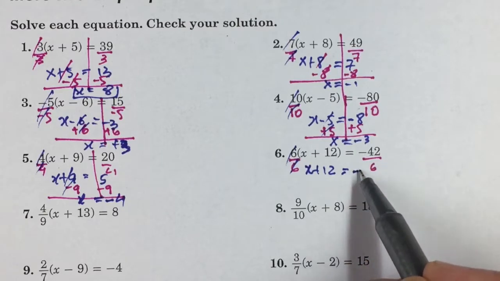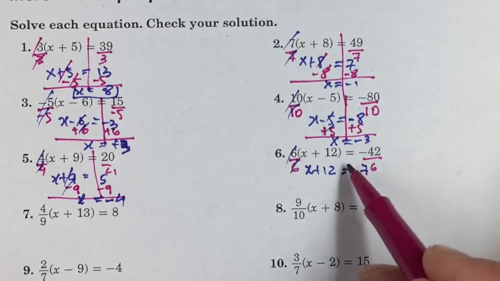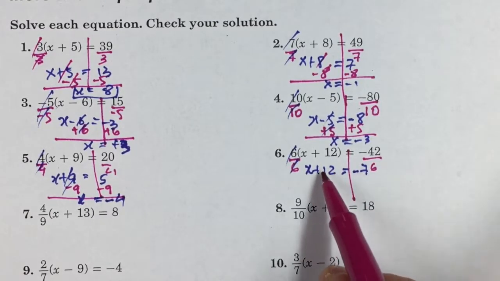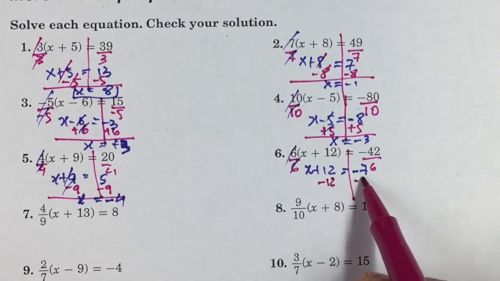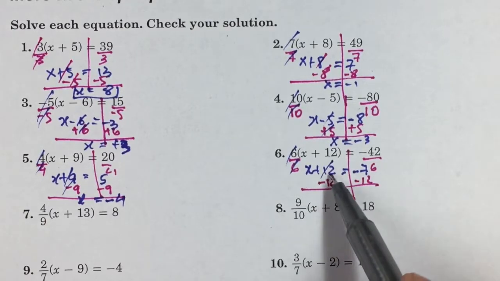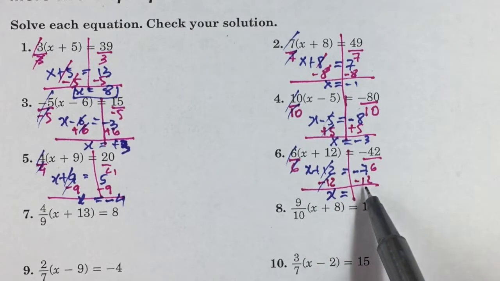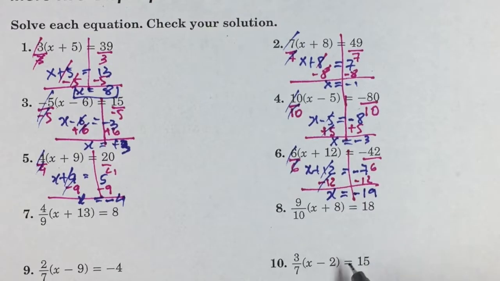Since the negative is here, it's negative 7. So I have a new equation here. X plus 12 equals negative 7. I'm going to get rid of the 12 now. 12 is adding to x, so I'm going to subtract 12, subtract 12 both sides. The 12 cancels, and I have a leftover x equals negative 7 minus 12 is negative 19 for number 6.